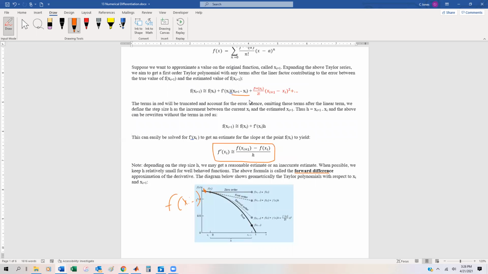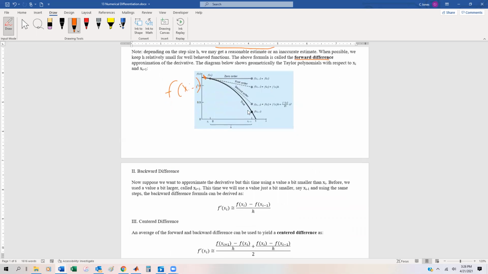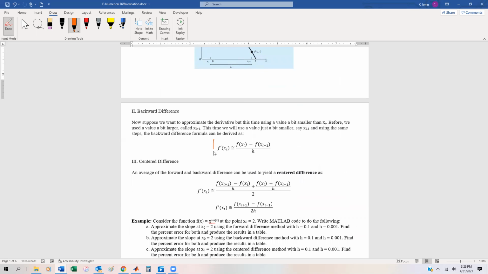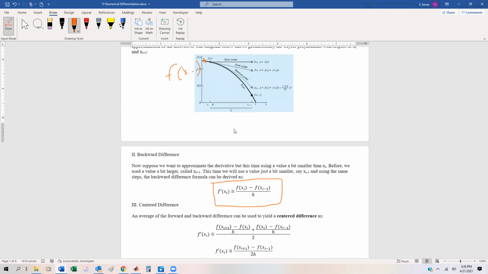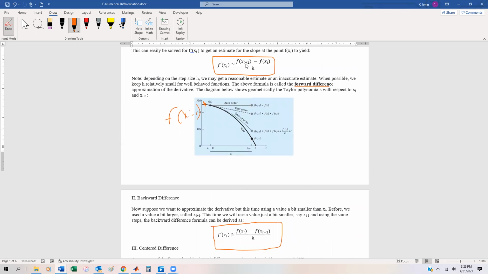That would literally be about the only difference. We could then get a backward difference formula, and notice that it looks almost identical to the forward difference, except now we're using the previous step. So we'd have f(x sub i) minus f(x sub i minus 1), divided by h.